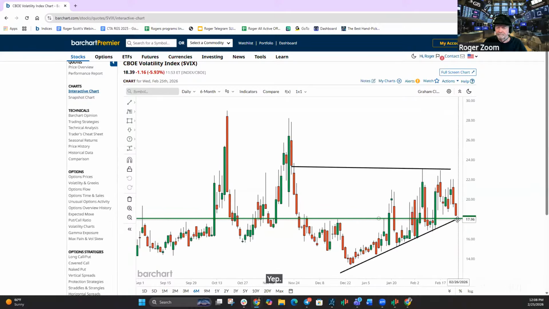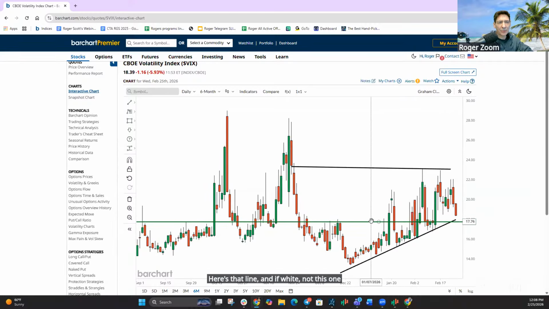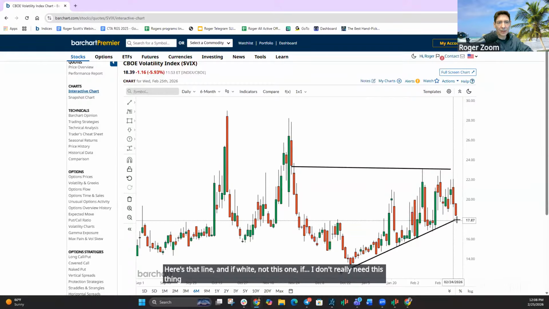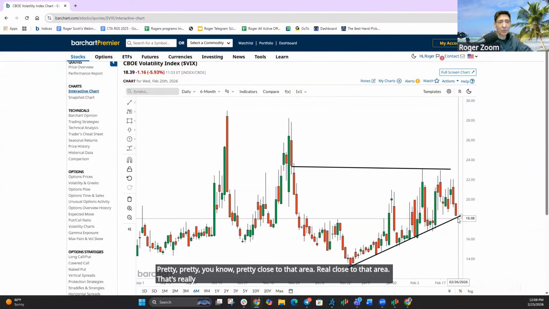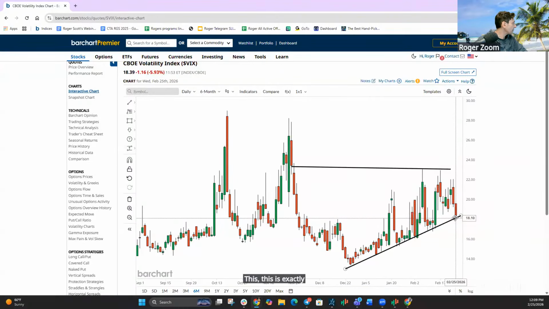If I extend this just a little bit higher up, you could see we're getting close to this area. Real close to that area. That's really nice. This is exactly what I want to see.